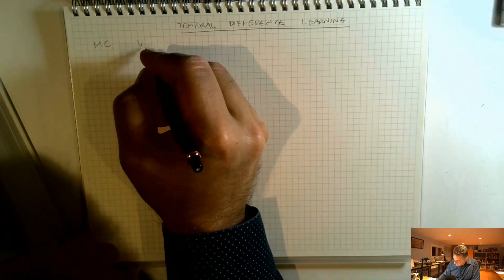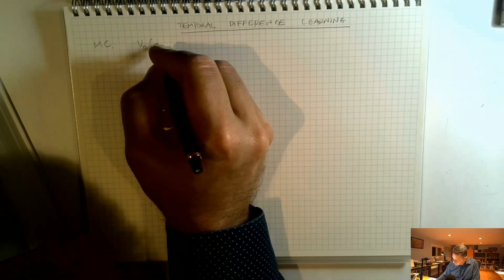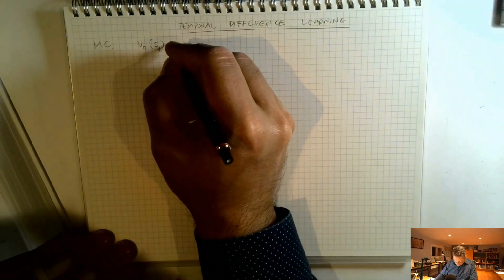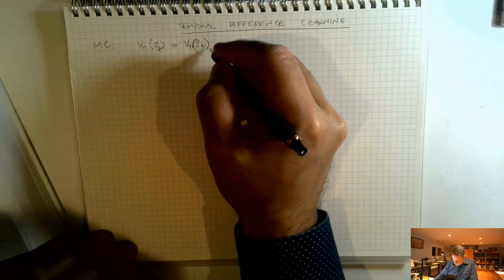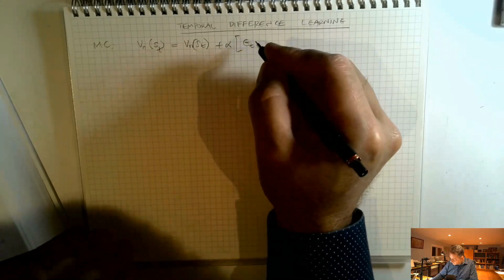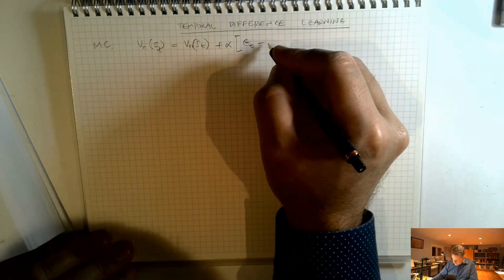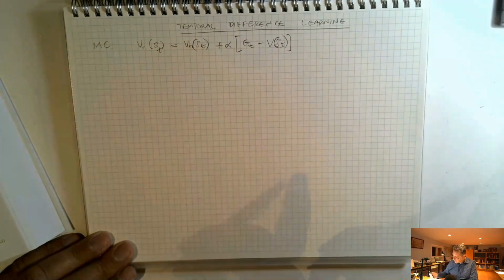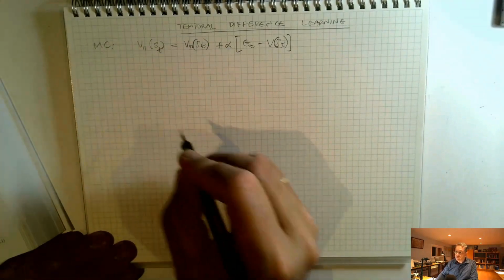Let's say V pi of st is equal to V pi of st plus alpha, the return after this state minus the previous estimate of st. So this is what was happening in the Monte Carlo approach.